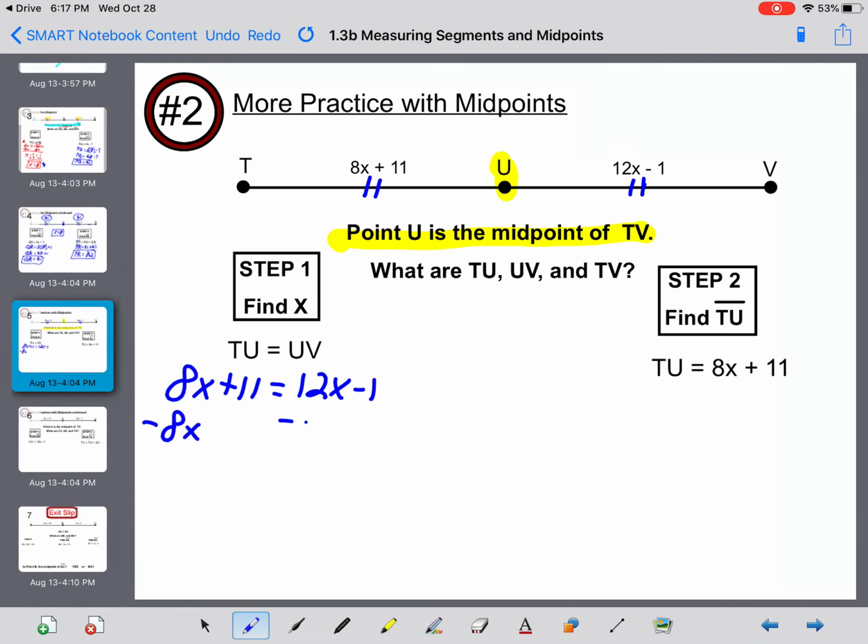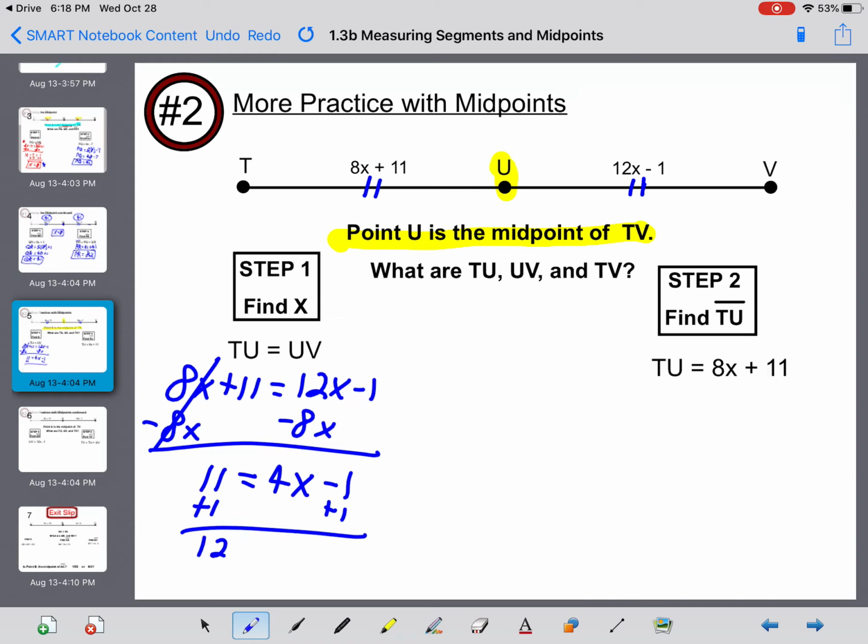I'm going to subtract 8x on both sides, and my 8x's cancel. 11 equals 4x minus 1. Normal two-step equation to isolate x, I'm going to add 1 to both sides, and we get 12 equals 4x, and then divide by 4 on both sides, and we get x equals 12 divided by 4 is 3.